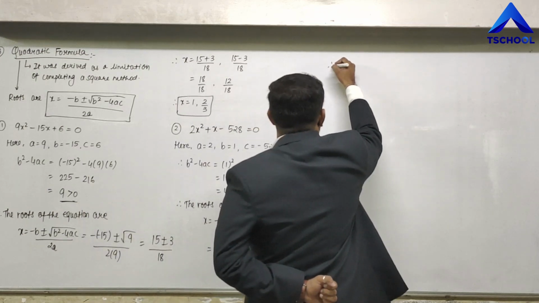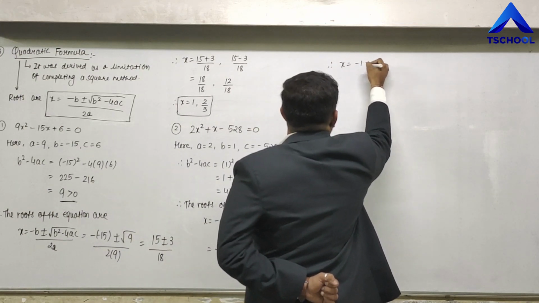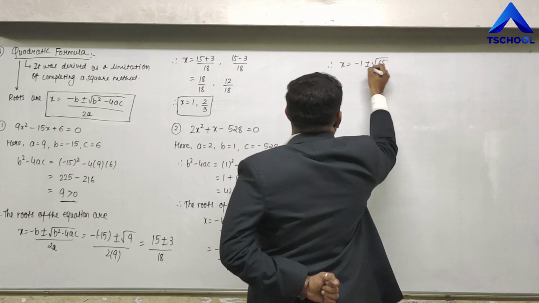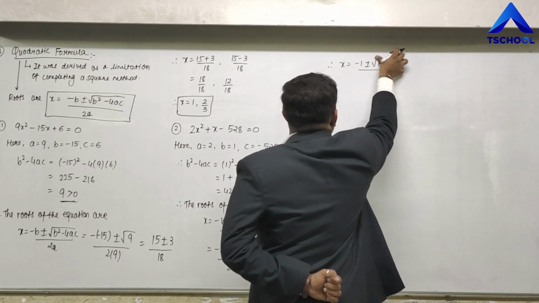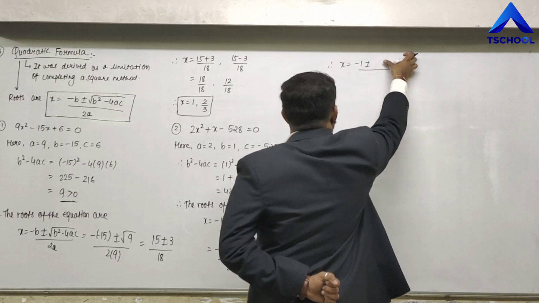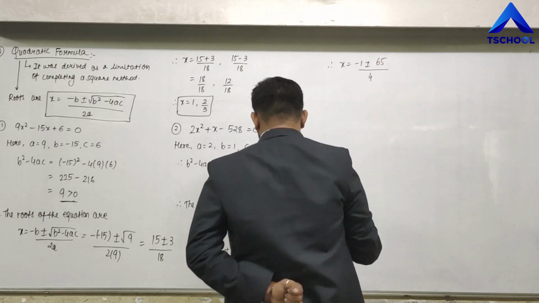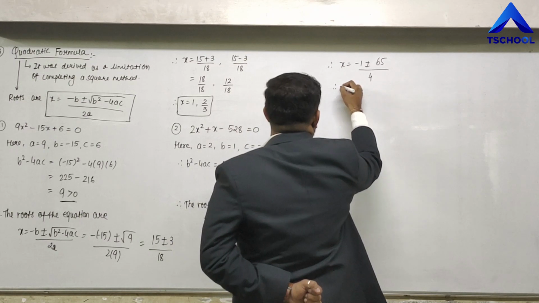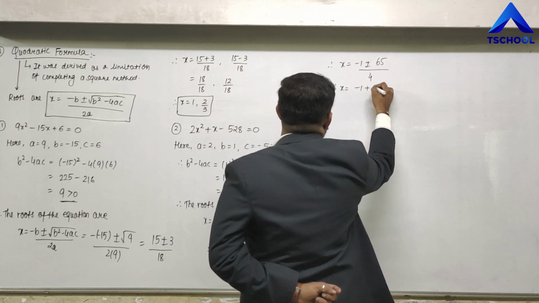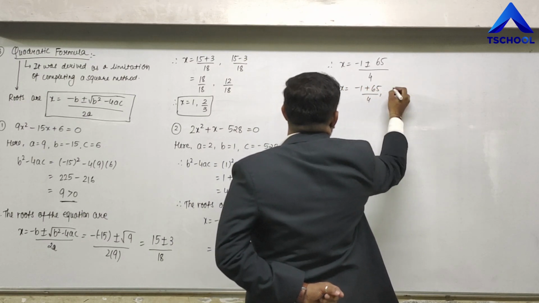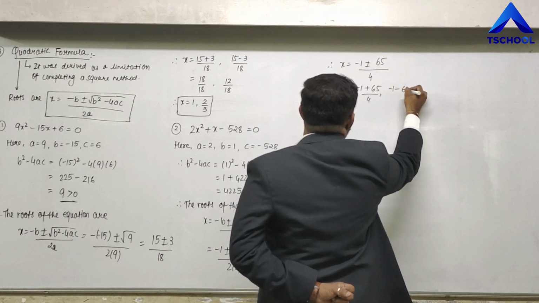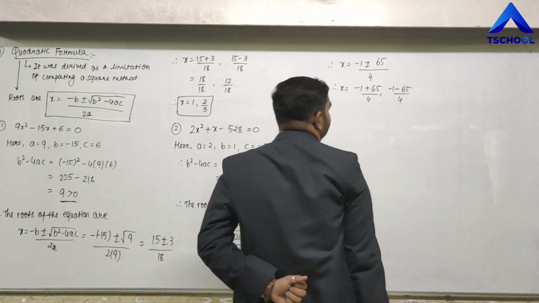Therefore x equals minus 1 plus or minus root 4225, that is 65 upon 4. Therefore x equals minus 1 plus 65 by 4 or minus 1 minus 65 by 4, right?